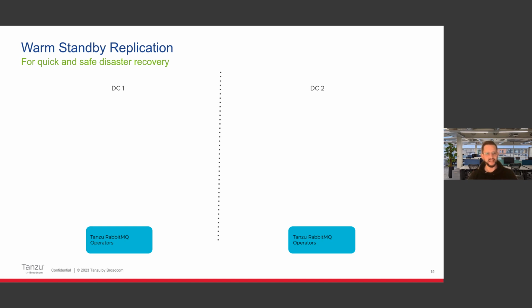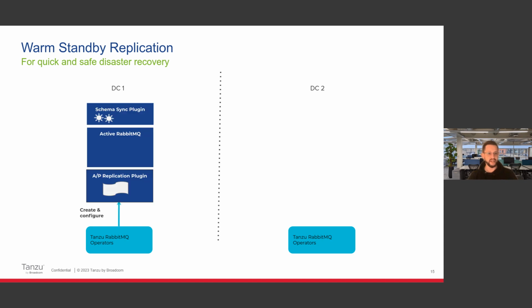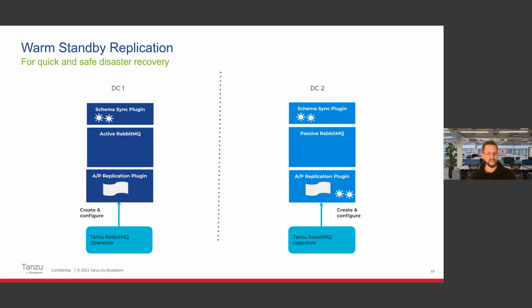So this involves an active site where all the publishers and consumers are connected. And it also involves a passive site. And this is what will take over after the DR event and after the failover event. So you can use the Kubernetes operators to create and configure those, but you can also deploy manually using the container image and connect those.